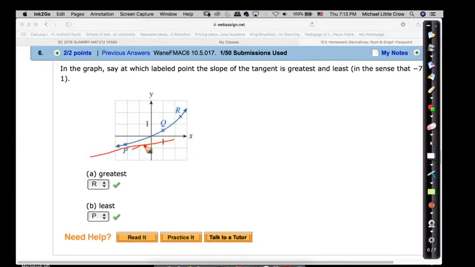The Q one will go something like that, and the R one is going to go something like this. Which line is steeper? The line that goes through P, Q, or R? R, yeah, it just keeps getting steeper because it's going up. So that's going to have the greatest, and the one that's the least steep would be P.